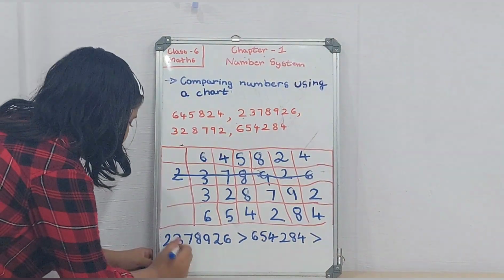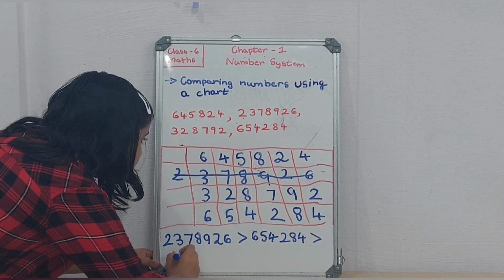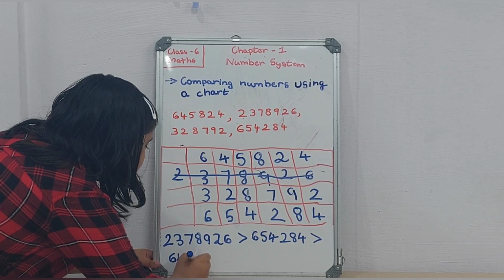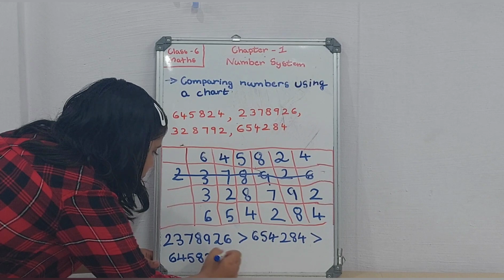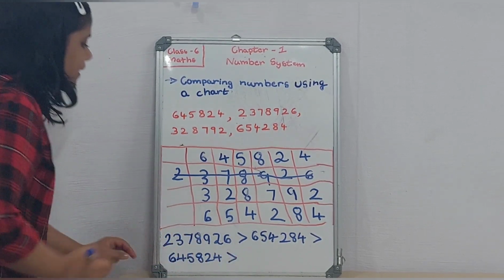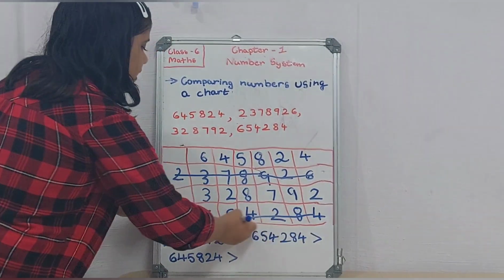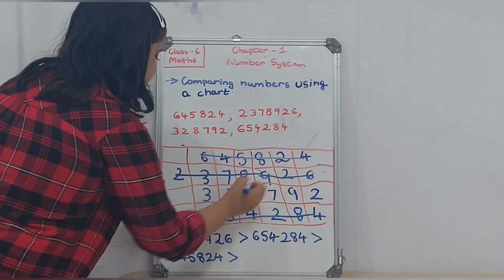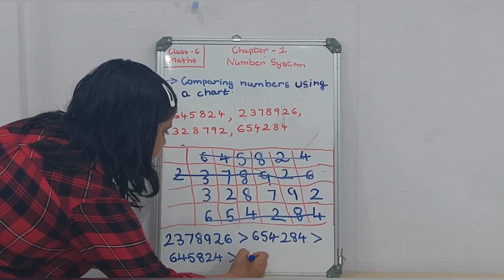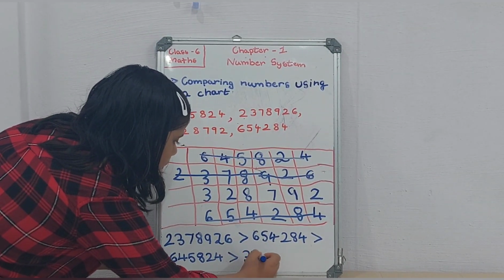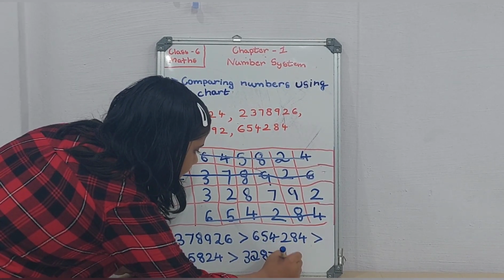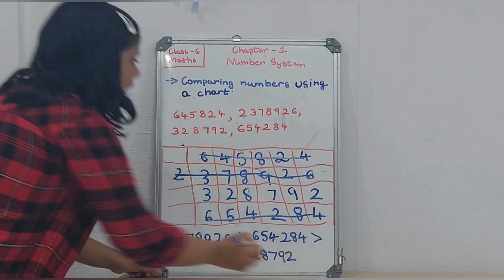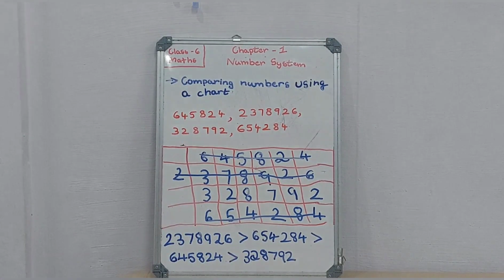So let us write down that number. 6, 4, 5, 8, 2, 4 is greater than the last number. So this number is done, and this number is done. The last number is 3, 2, 8, 7, 9, 2. And this is how you compare using a chart.